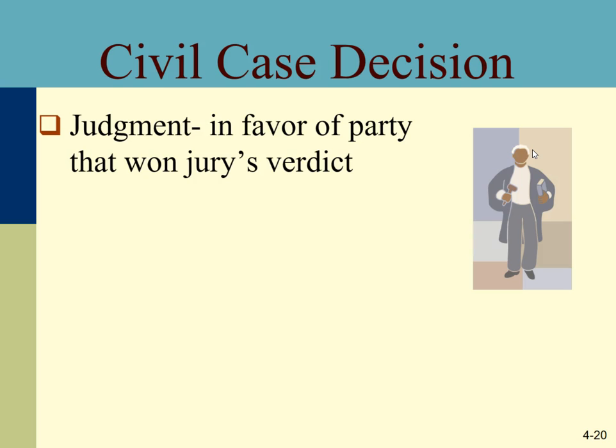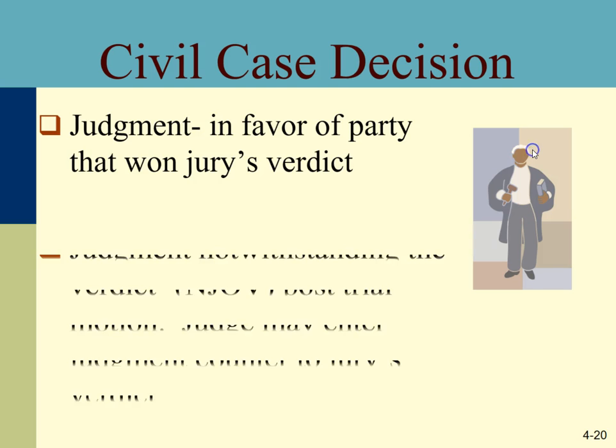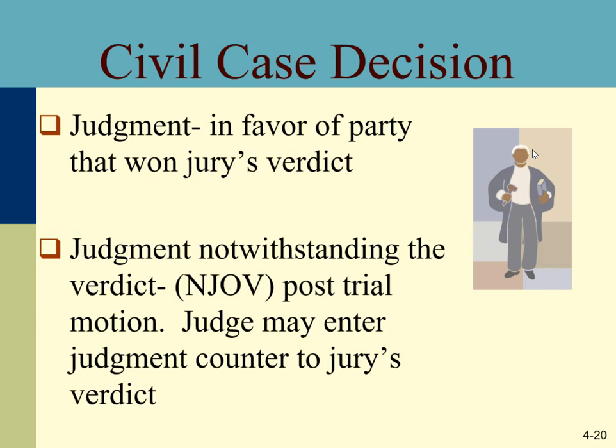The trial court has one last chance to correct a jury's verdict after the trial if the court finds that the jury completely missed the boat as to the evidence or misapplied the law. In such circumstances, either party may ask the court to enter a judgment notwithstanding the verdict.